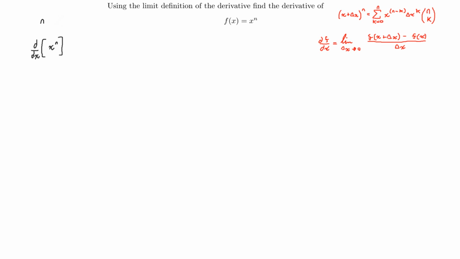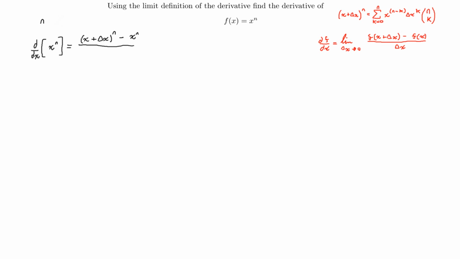Right now n is just a number. It doesn't have to be an integer. It could be a fraction, too. So we have the derivative of x to the n is equal to x plus delta x to the n minus x to the n.